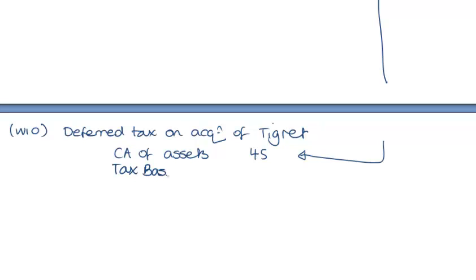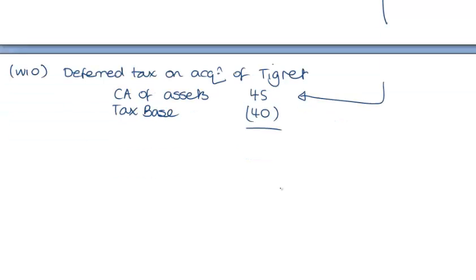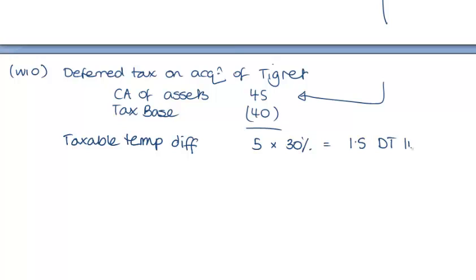The tax base of those assets is 40. Because the carrying amount is greater than the tax base, this gives us a taxable temporary difference of 5. We're told that the tax rate is 30%. So that means we've got a deferred tax liability in respect of Tigray of 1.5.